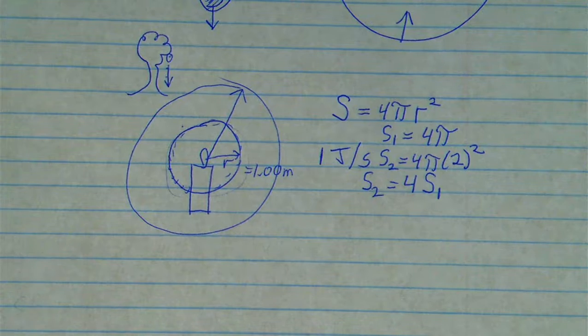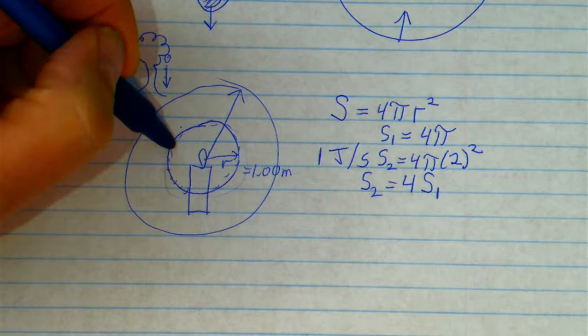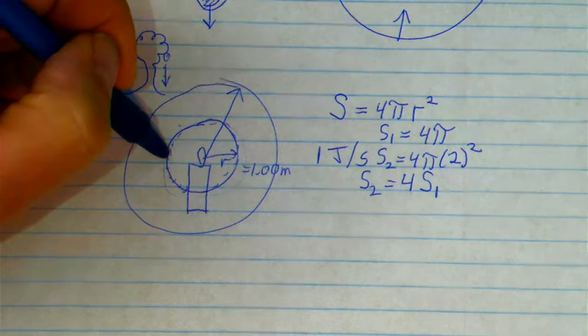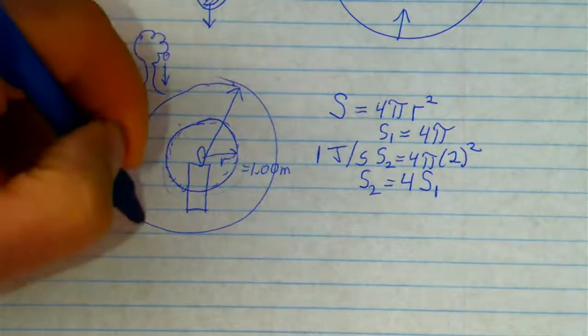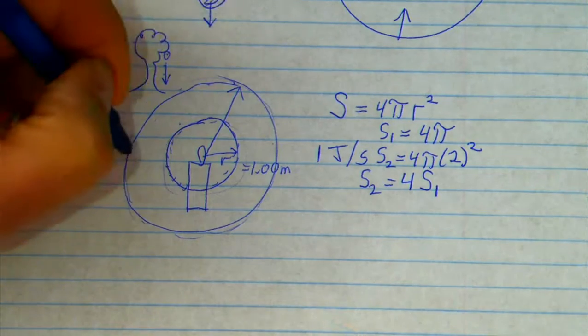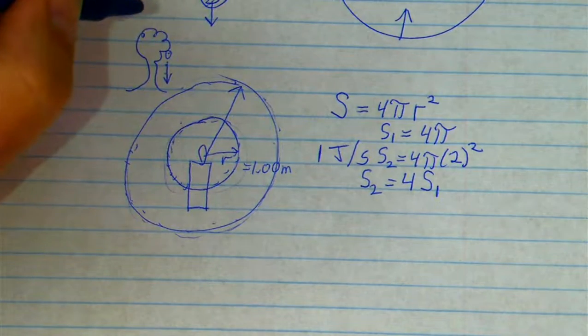Now, does that even matter as far as my question goes? My question was, if I replace the first small sphere with a second twice as big sphere, how much energy would the second sphere measure if I completely filled its entire surface with photodetectors?